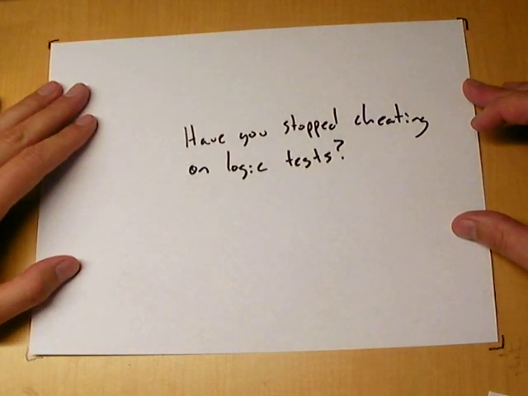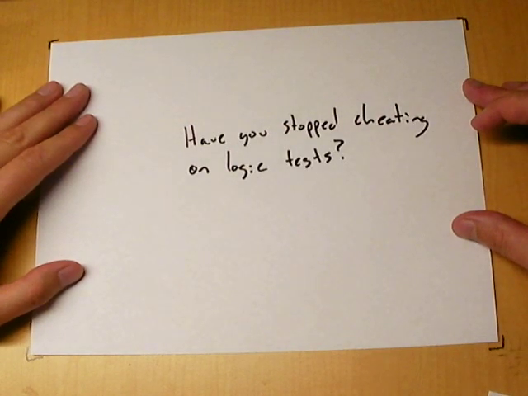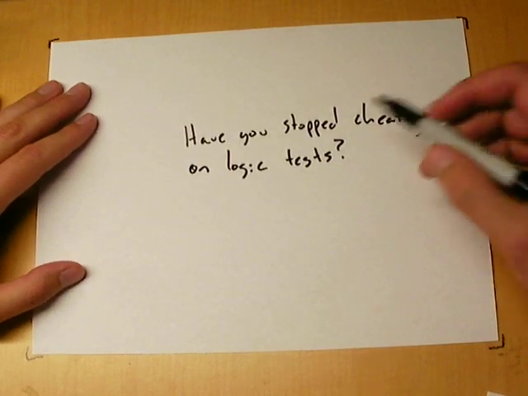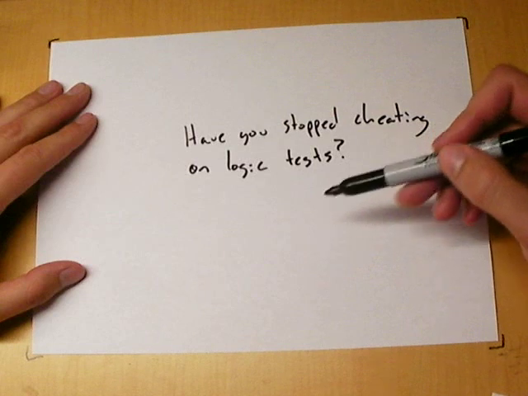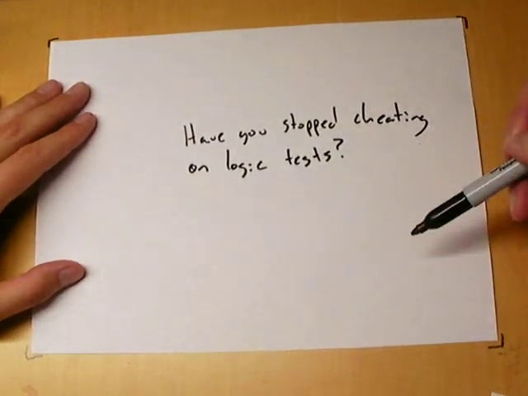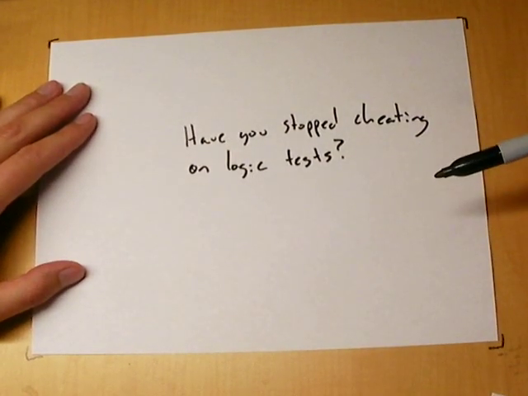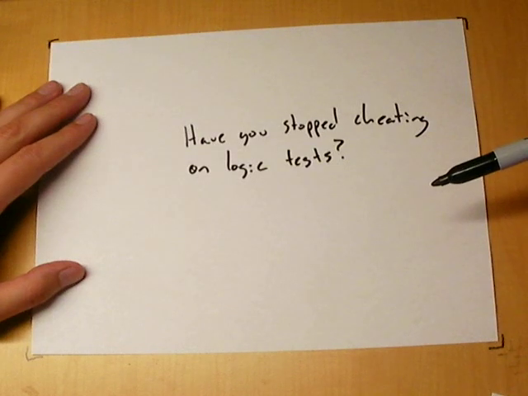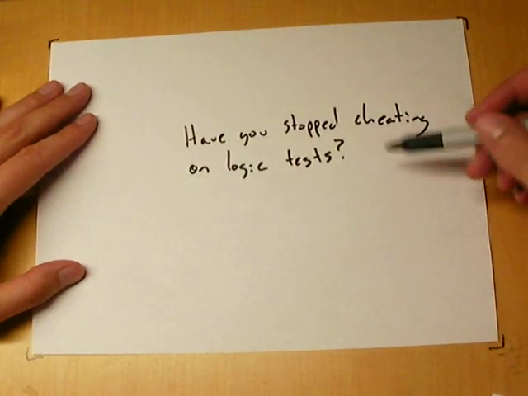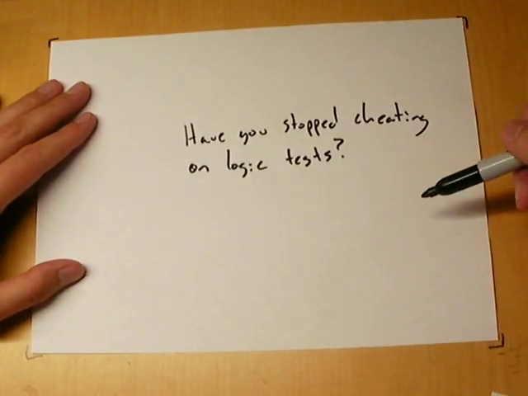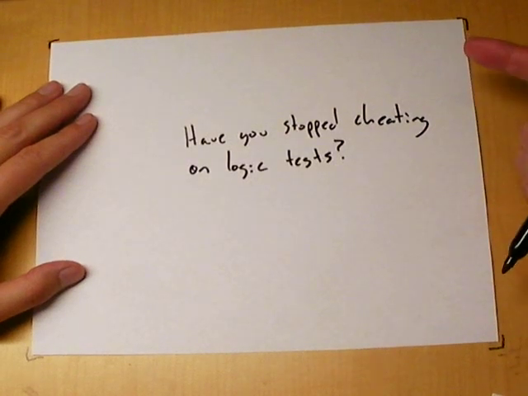And if you respond in a negative fashion, no, I've not stopped cheating on my logic test, this seems to suggest that you were cheating and you still continue to cheat. So the underlying assumption, in the very way that I phrased the question, is that at some point you were in fact cheating. This is a complex question. It assumes something that hasn't been established.